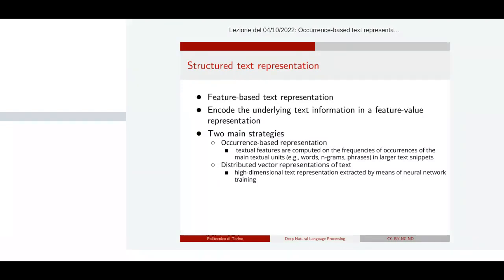Like, okay, I have a document, I have a word, I can put in the corresponding cell of my matrix 1 if the word actually occurs in that document, 0 otherwise. This is the simplest way to represent your textual data. This is called a document-word representation or document-term, it depends, but actually it's the same. Then this is the simplest way.